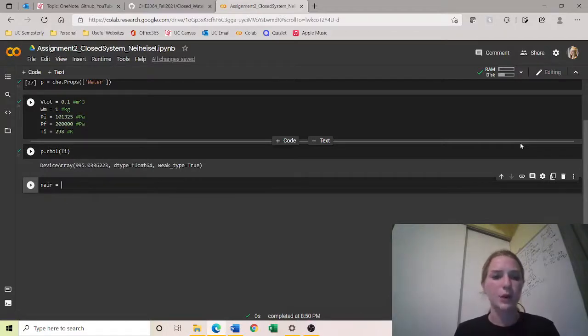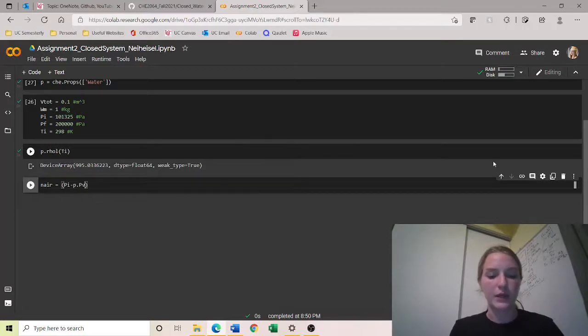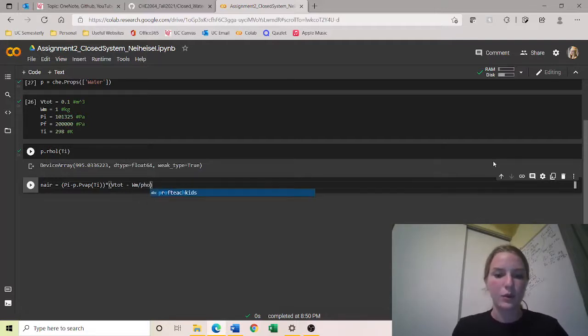So we are going to have the moles of air equal to the initial pressure minus the P dot P vap of the initial temperature. So now we're going to go out and multiply this by V total minus the water mass divided by P dot rho of our initial temperature.